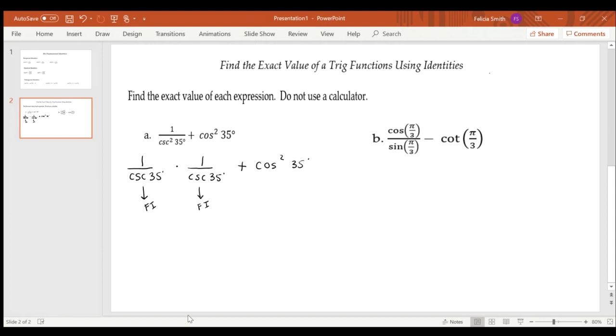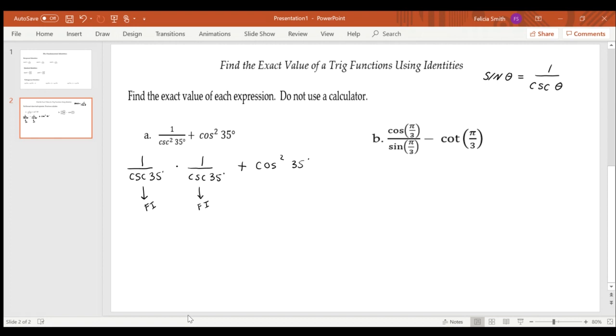And if you recall, we rewrote one of them and solved it for sine of theta. And if you go back in your notes, you'll probably have that sine of theta is the same thing as 1 over cosecant of theta. And that's the identity we're going to be using for this problem.